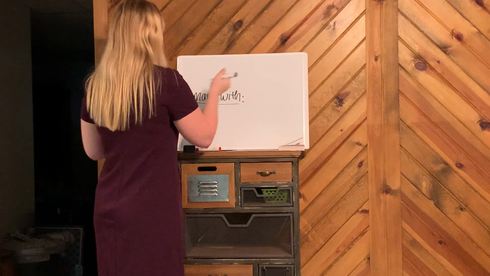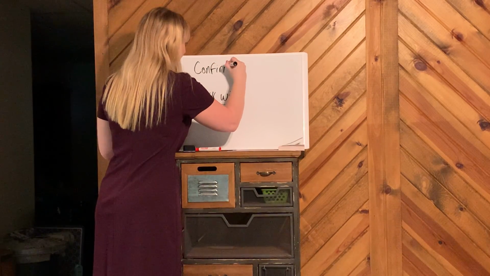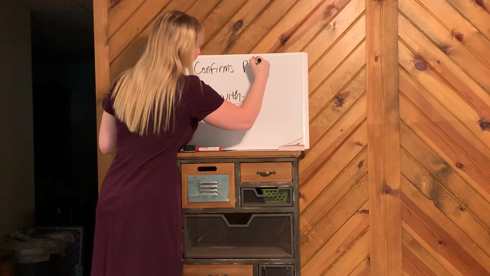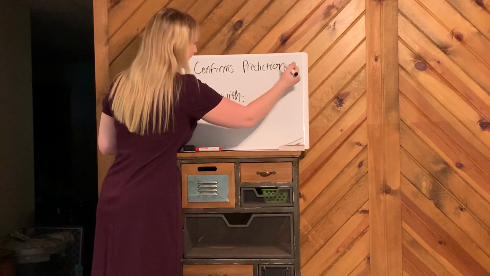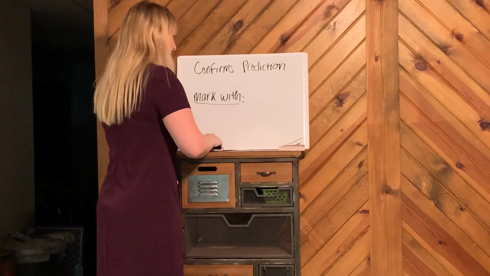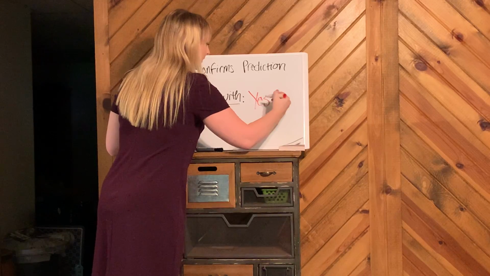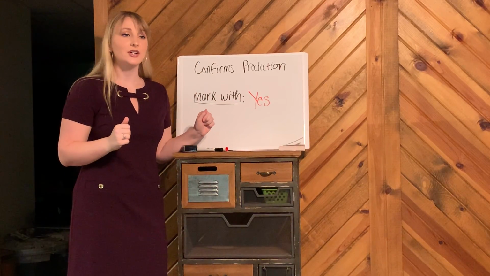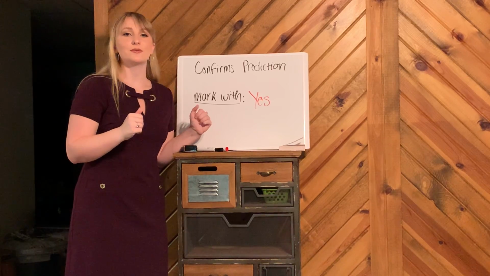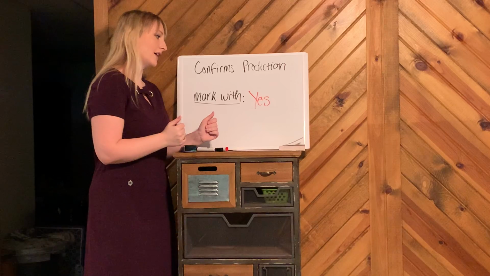So if it confirms a prediction that you made, you're going to put a giant yes mark by the scene or the passage that confirms a prediction you made. So let's say with Romeo and Juliet, because we've read this already, and we know what happens to Romeo and Juliet.